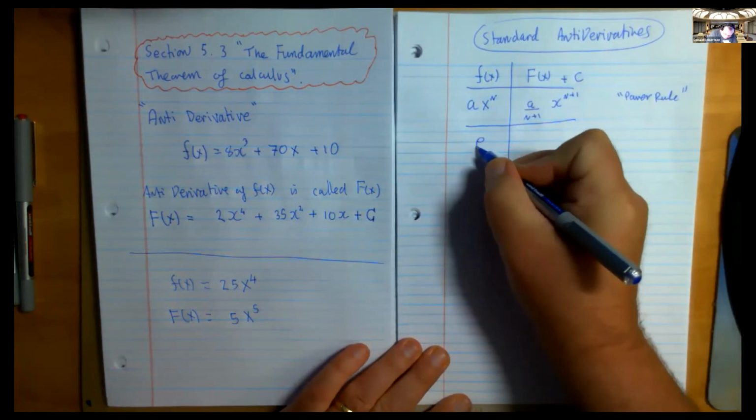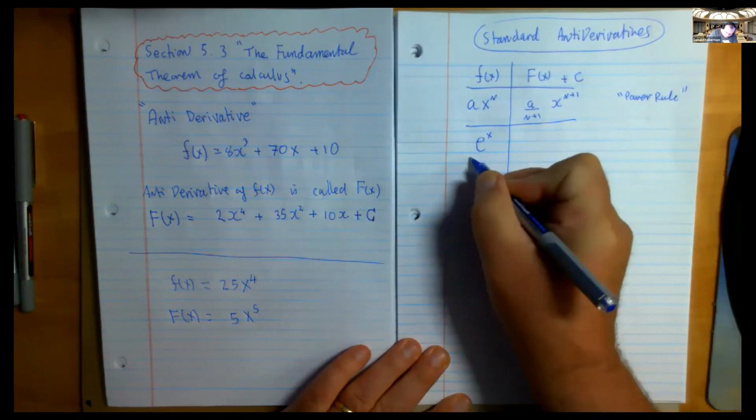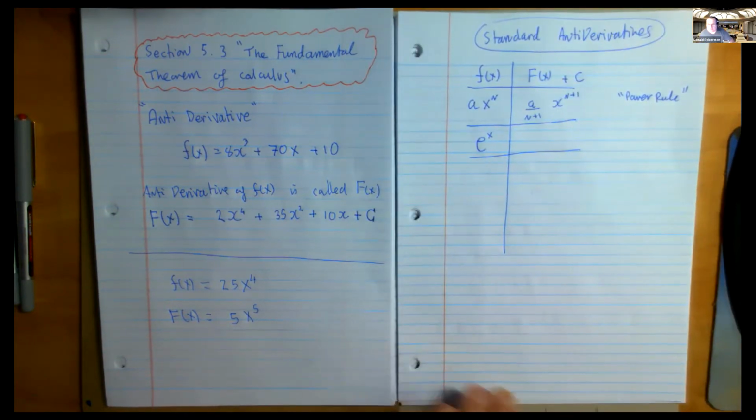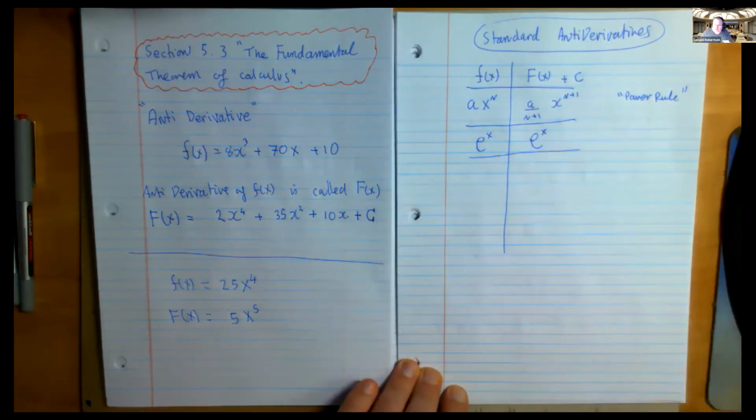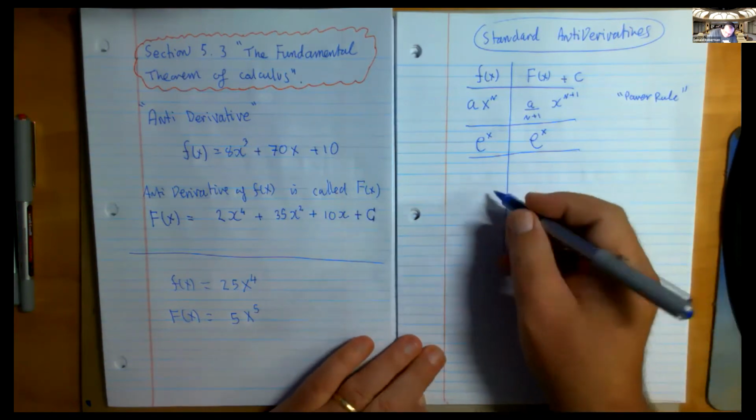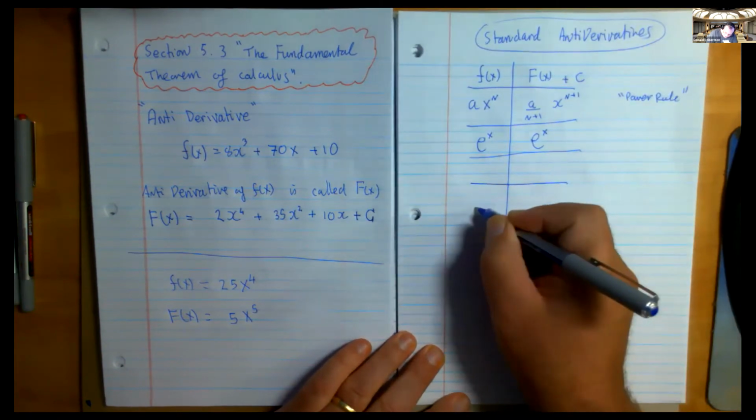Okay, here's a guy. What's the antiderivative of e to the x? E to the x. Yeah, I love e to the x because it's the easiest thing in the world to remember, isn't it? Now, let's do some trig ones.